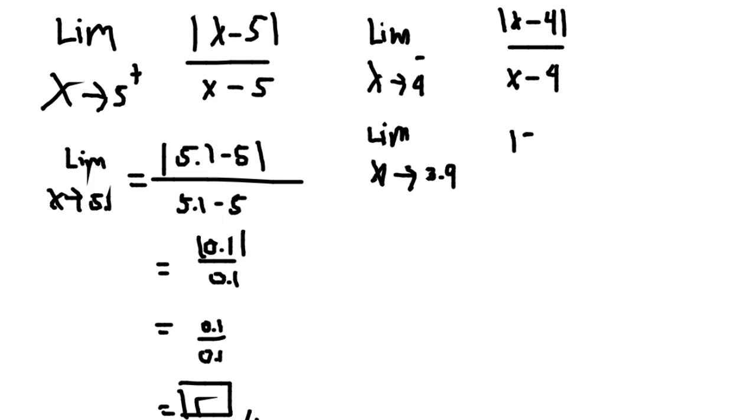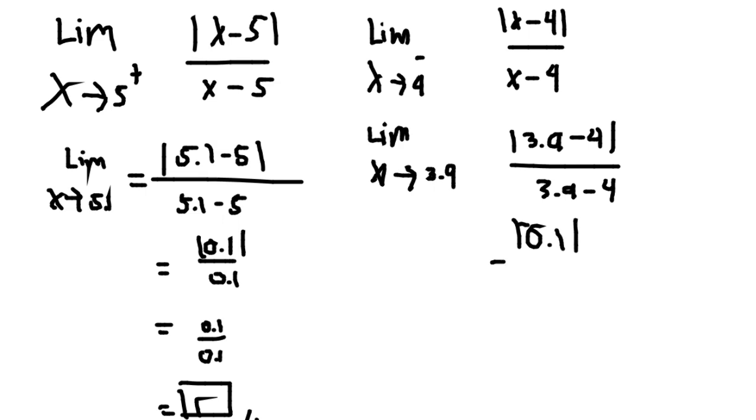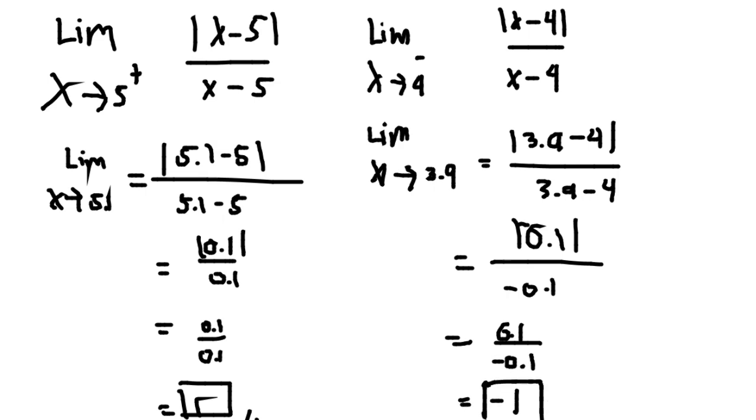So let's plug in a number that is close to 4 from the left of the number line. 3.9 minus 4 gives negative 0.1, and we get negative 0.1 once again in the denominator. The absolute value of negative 0.1 is 0.1, so this limit is negative 1 as x approaches 4 from the left side.